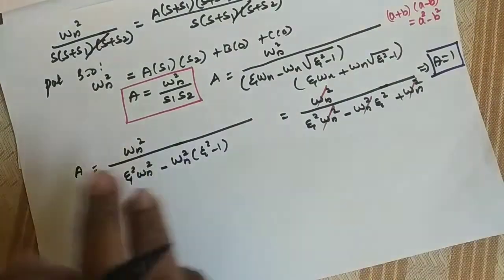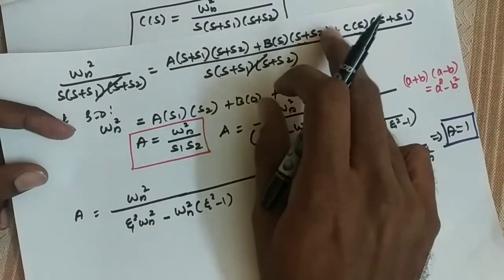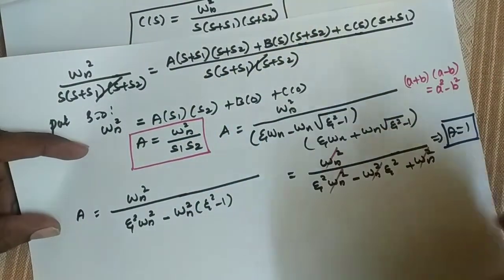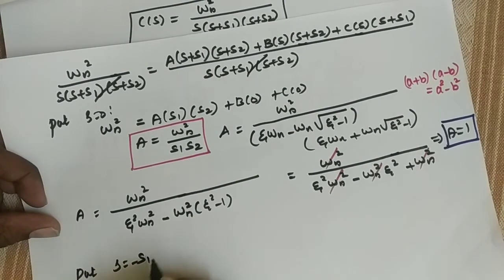Now we substitute the value of s in this equation. We want to find the value of B, so put s equal to minus s1.